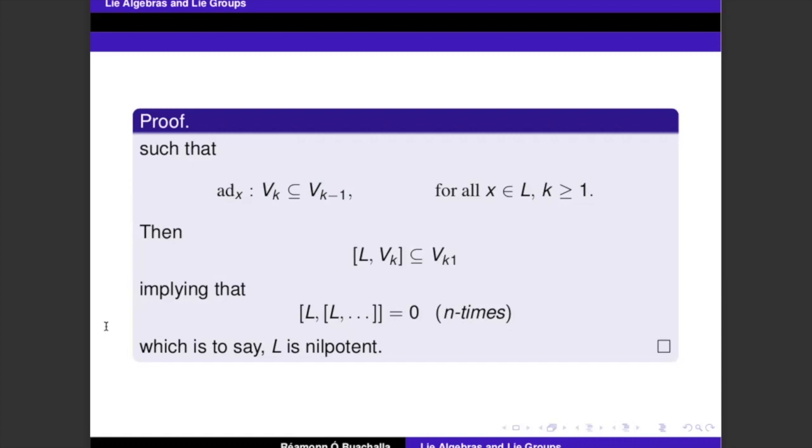Which is to say that L is nilpotent. So hopefully that's Engel's second theorem, derived as a consequence of the first, taking the results in Engel's first theorem and applying them to the adjoint representation.